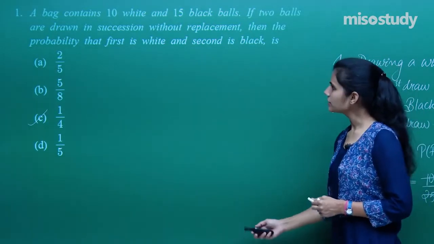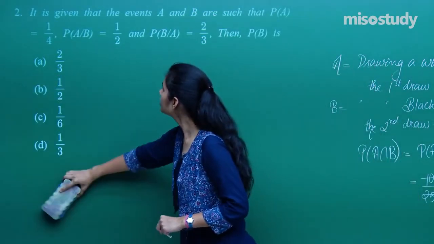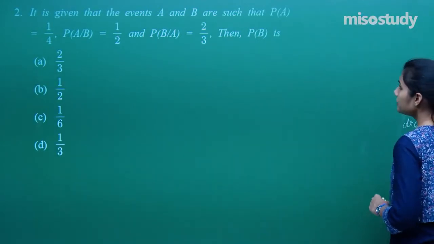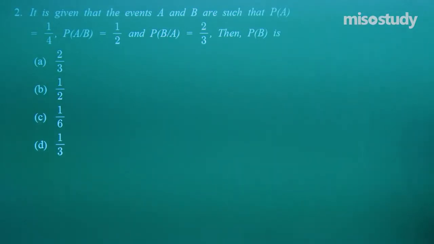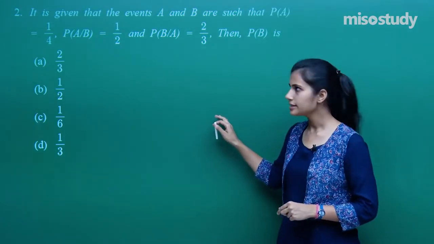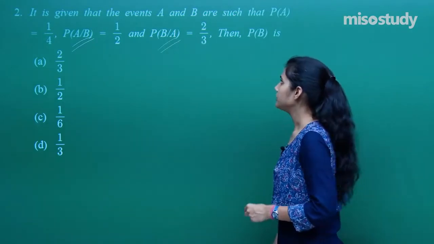Now moving on to the next question. It is given that the events A and B are such that probability of A is 1 by 4, probability of A by B is 1 by 2, B by A is 2 by 3, then what is probability of B? Okay, so over here you are given A by B's probability and B by A's probability.